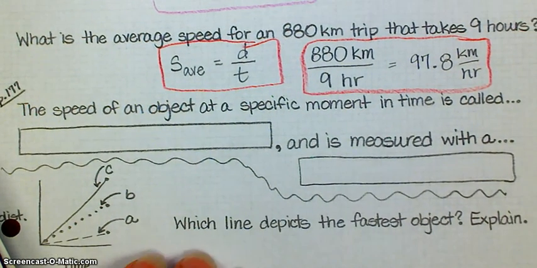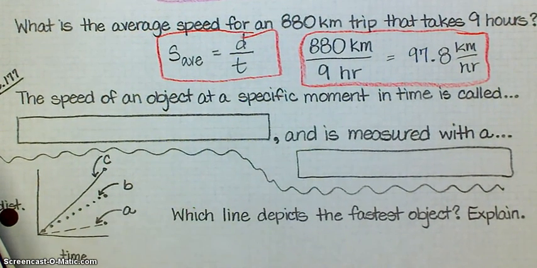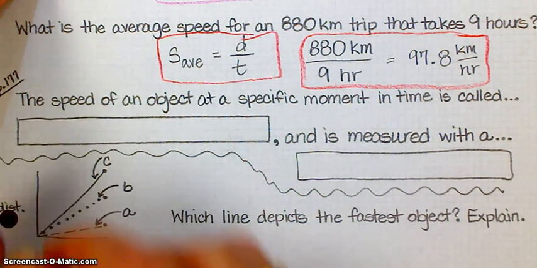This is so exciting. I just love Bellwork. It's great. Okay, the speed of an object at a specific moment in time is called. Top of one page. There you go, top of page 177.